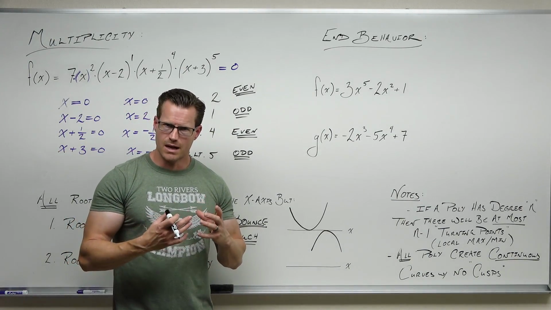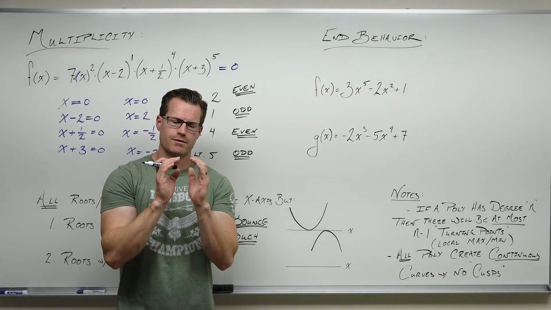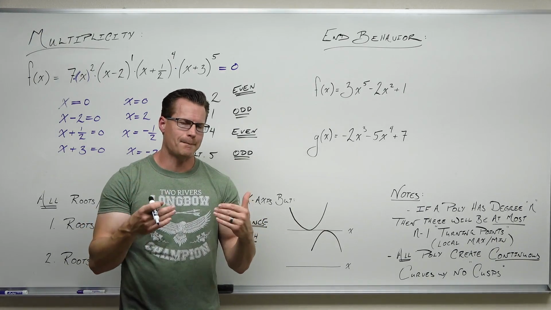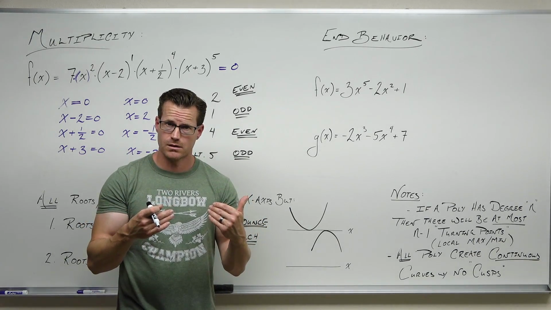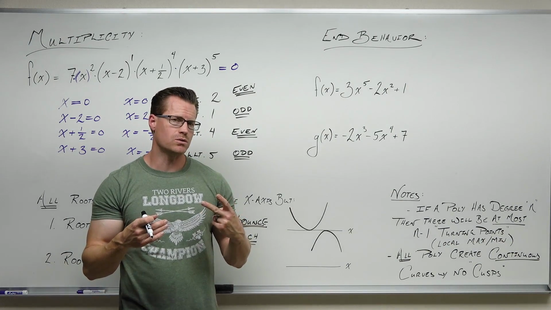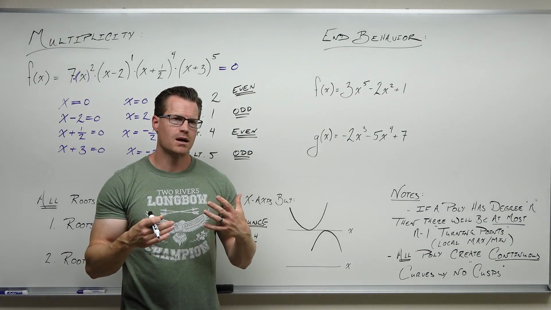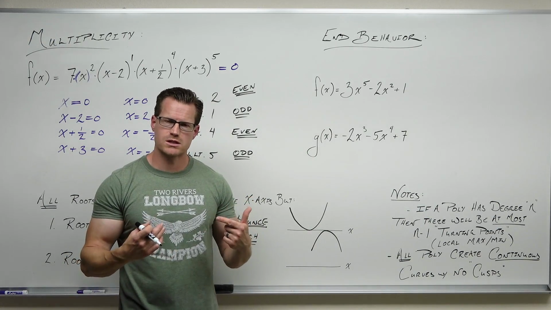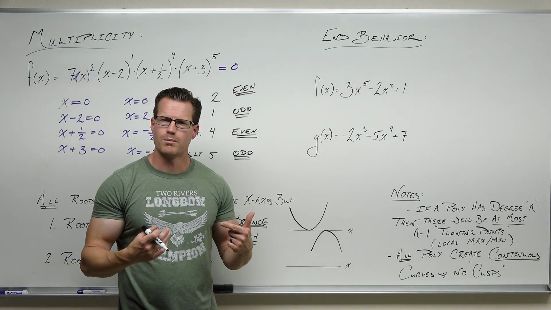And around that neighborhood, if we have an even multiplicity, what happens when you have an even multiplicity? That's like a power 2 or a power 4 or a power 6. What happens when you take numbers to the second power or the fourth power or the sixth power? Well, they're all positive.